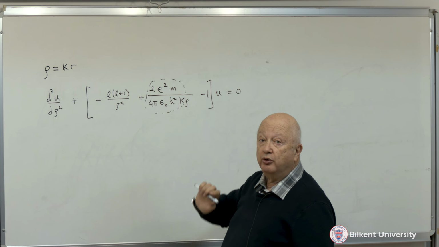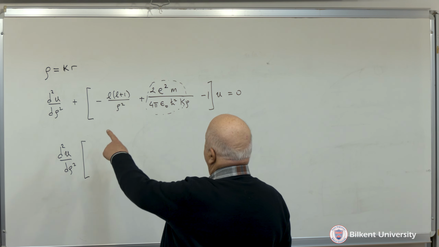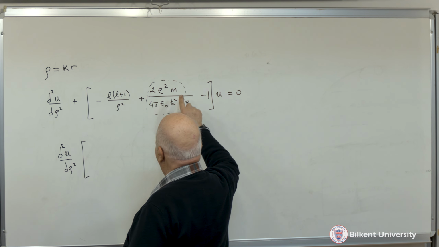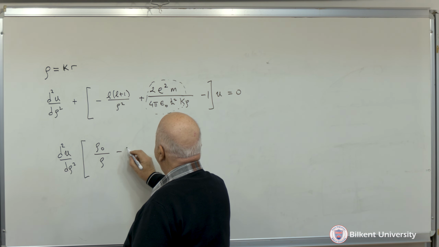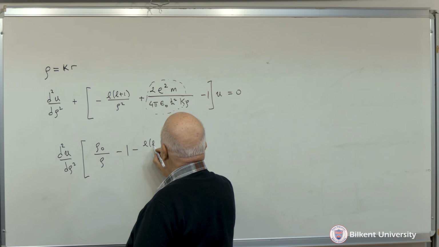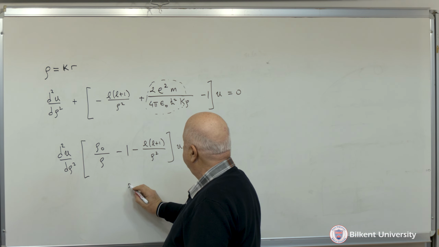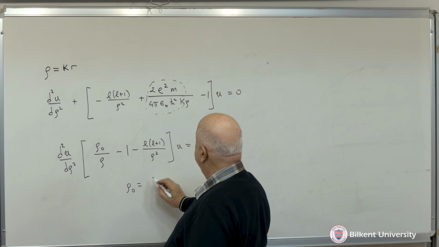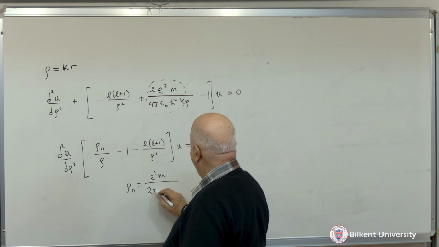So, one last line: d squared u d rho squared, and then I have this term, let me give all of that stuff a name, rho 0 over rho, minus 1 minus L plus 1 divided by rho squared, u equals 0, where this rho 0 is this term here, e squared m over 2 pi epsilon 0 h bar squared k.